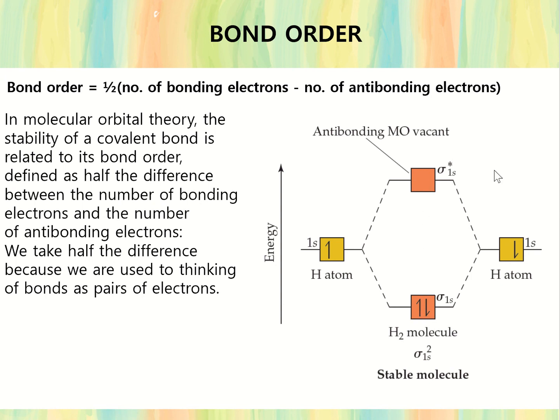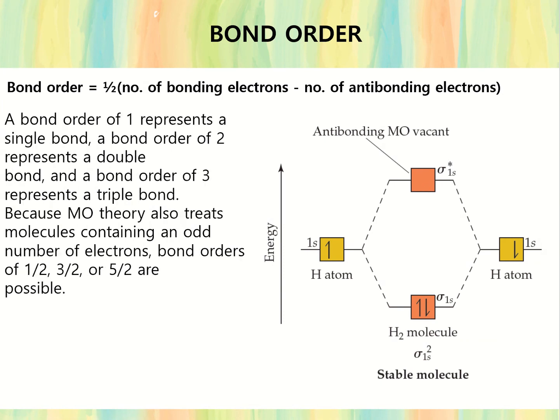And so here we don't have any antibonding electrons. So in molecular orbital theory, the stability of a covalent bond is related to its bond order, defined, as we already said, as half the difference between the number of bonding electrons and the number of antibonding electrons. We take half the difference because we are used to thinking of bonds as pairs of electrons.